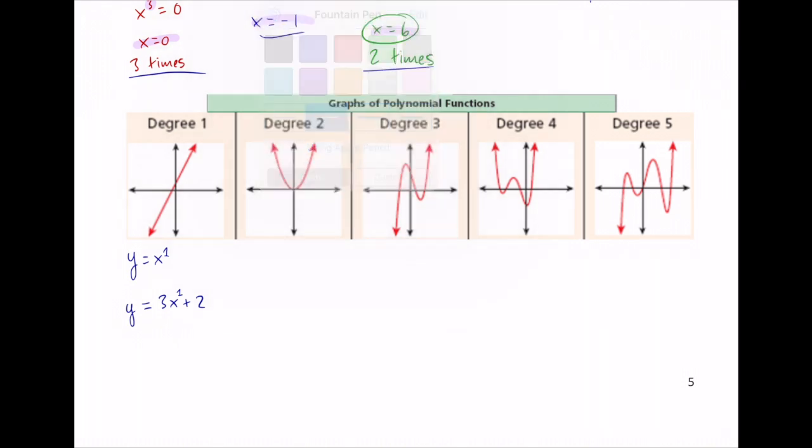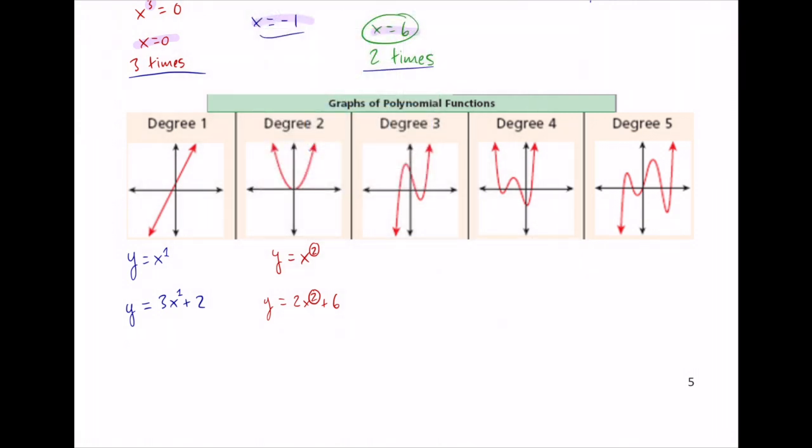Then for a degree of 2, that would look like y equals x squared. That's our simplest one, or it could look like y equals 2x squared plus 6 or something. Our degree is 2 because the highest exponent is 2, so that's always going to look like a parabola.